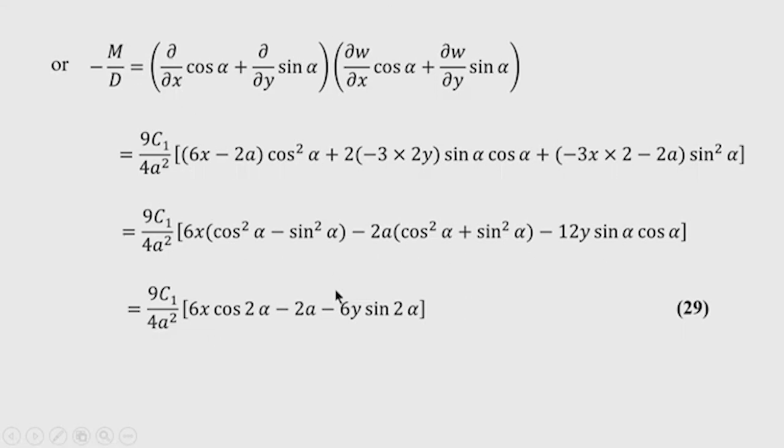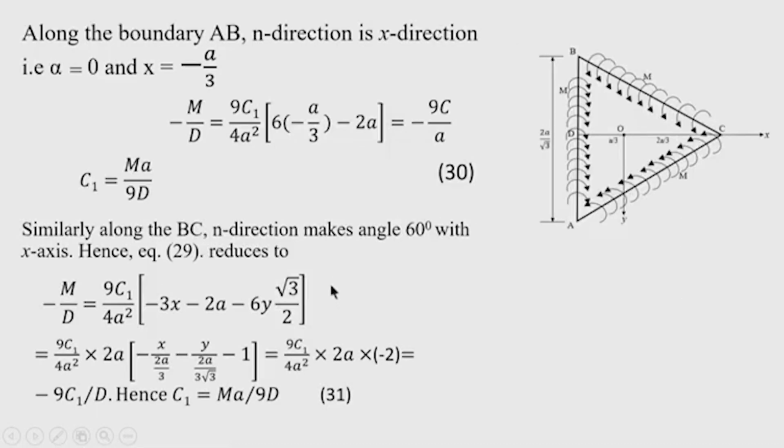Now, we can see what happens along the three sides. Along the side AB, the n direction is nothing but the x direction, is it not? So, alpha is 0, because alpha is the angle which the normal makes with the x direction.